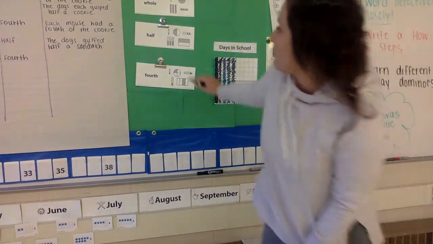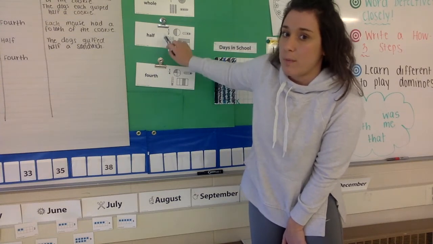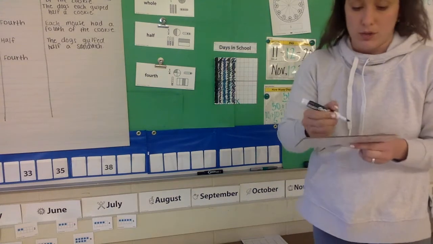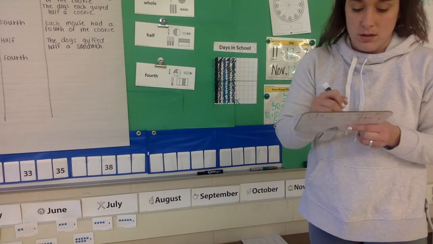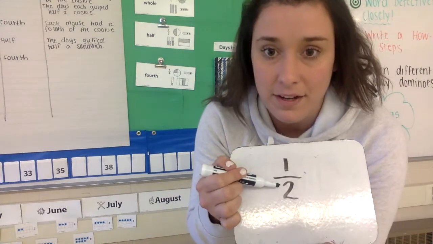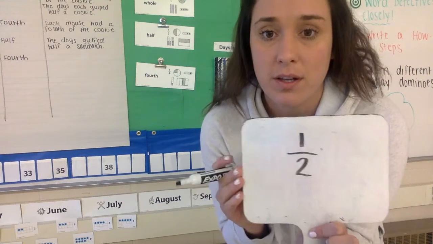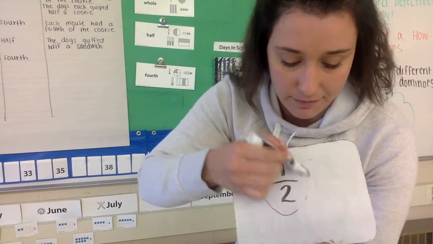What we're going to do is talk about our half and our fourth. So remember what a half is. What I want you to do right now is write the fraction half on your board. So it looks like a 1/2. This is half.